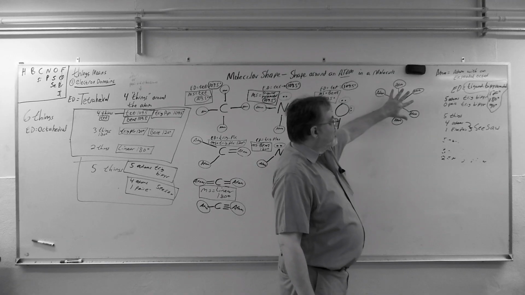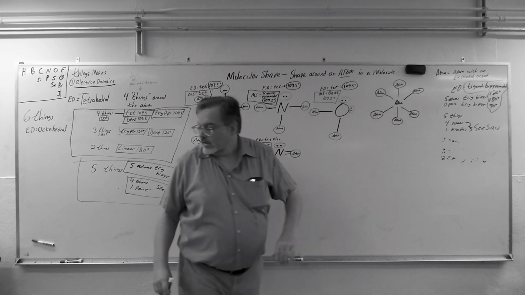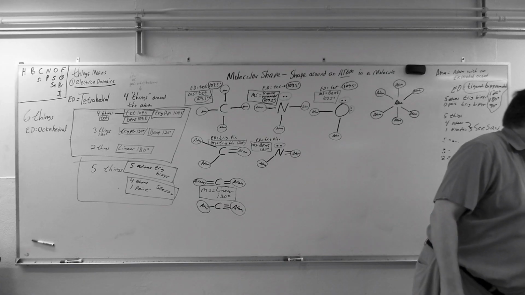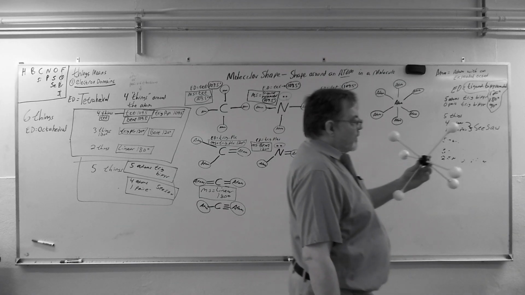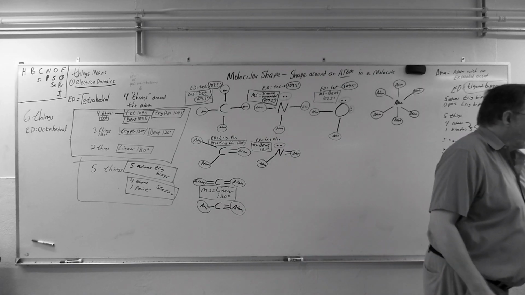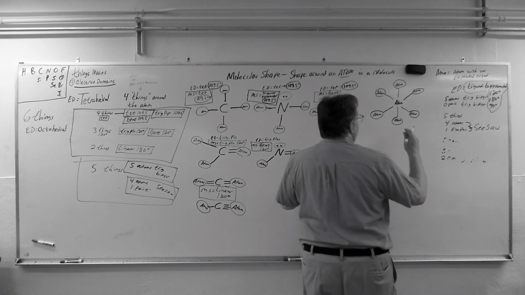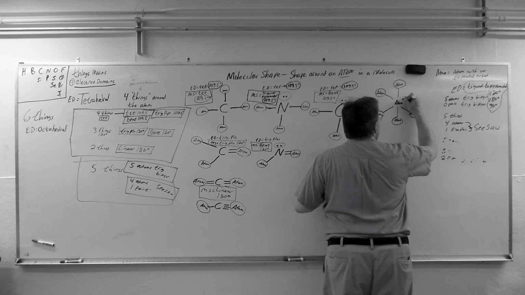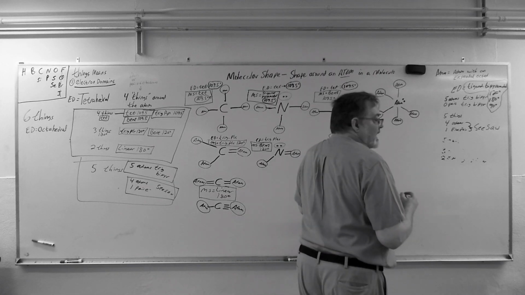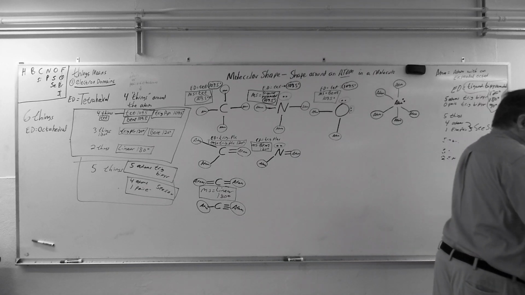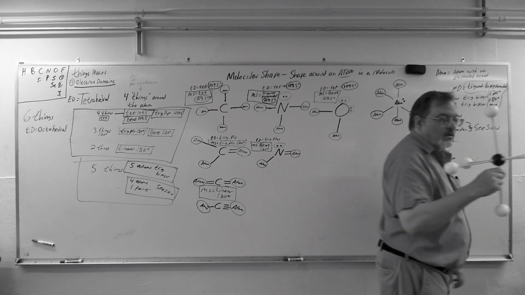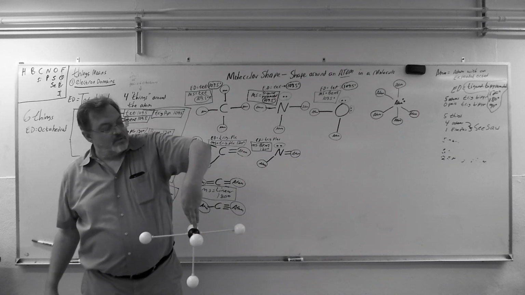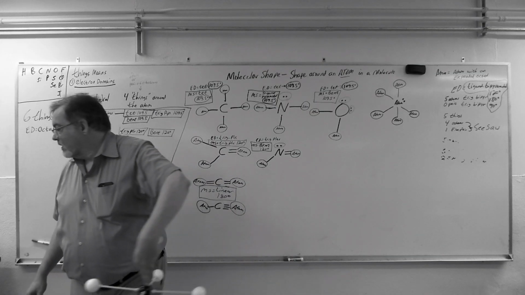And again, we're cheating by drawing it on the board like this. Truthfully, it looks like this in 3 dimensions. If you were looking at one of these that had, instead of 6 atoms around it, 5 atoms around it plus a pair of electrons, the Lewis structure would look like that. It still has 6 things around it. But if you ignore one of those as a pair of electrons, that's what I'm talking about there.